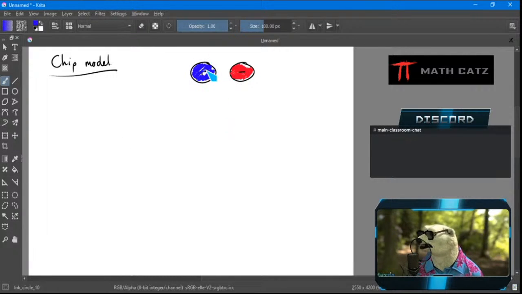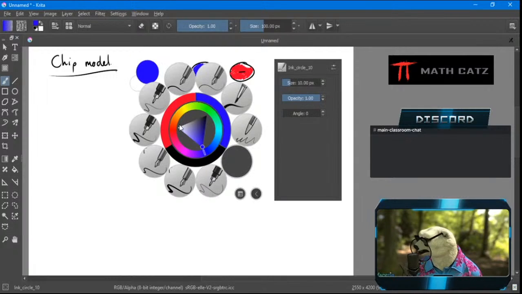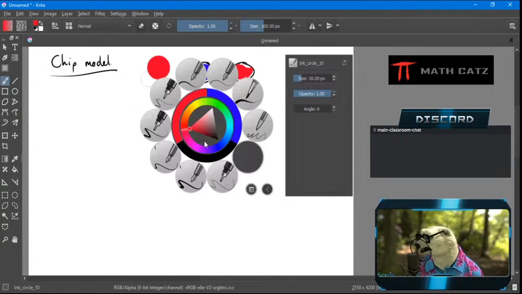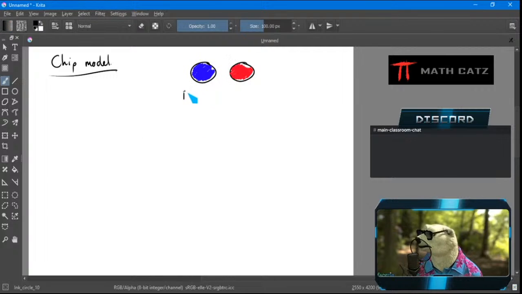Let's actually get rid of that plus sign. That might be a better thing to do, actually. There we go. Some chips are positive, some chips are negative. Now let's just write that out in words then. So we'll have our positive chips and we'll have our negative chips.